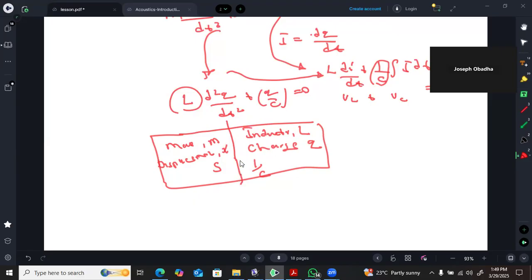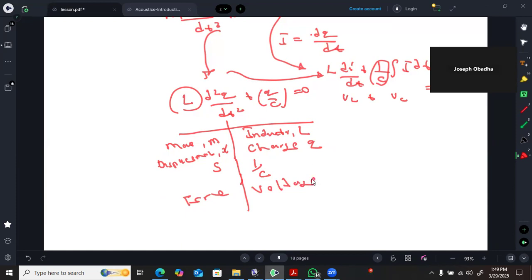Remember, in our last lesson, we had also seen how the force is the analogy of the voltage. So you can see we are building up the analogies, and this really allows us to appreciate how one system behaves if we compare it to the other system.